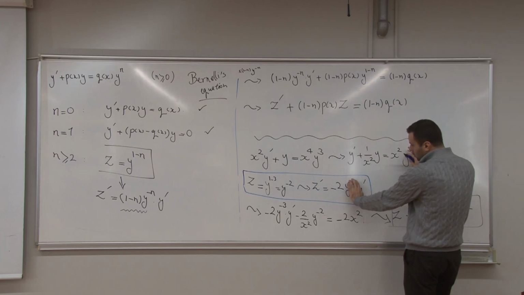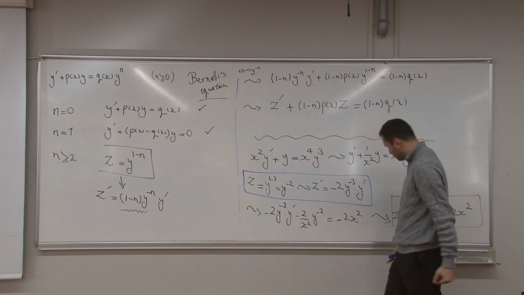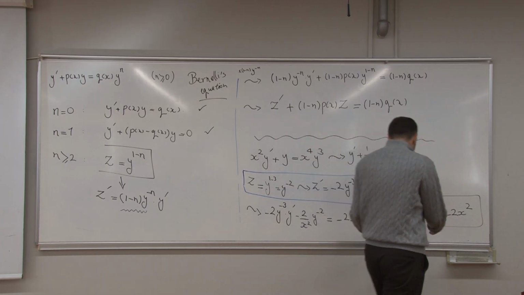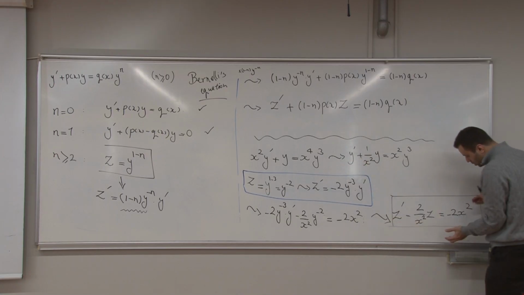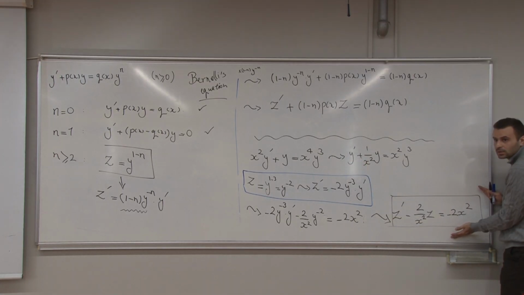They cancel each other, so it's going to be minus 2 x to the power of 2. Good? By doing that, we are turning this Bernoulli equation into this linear non-homogeneous equation.